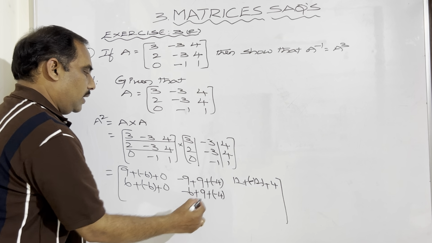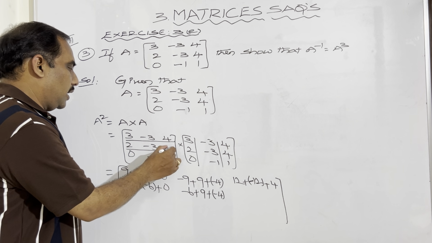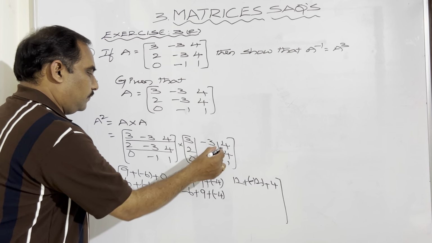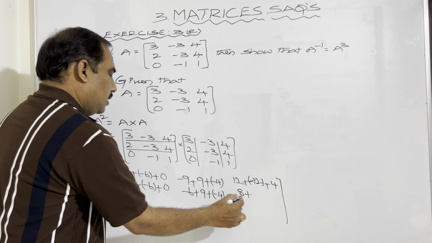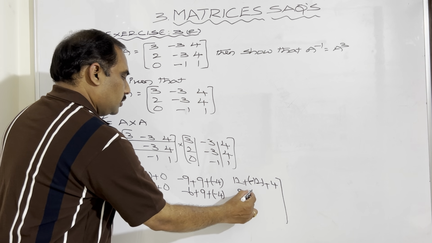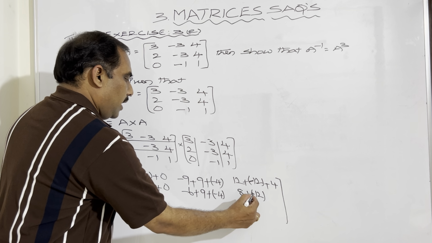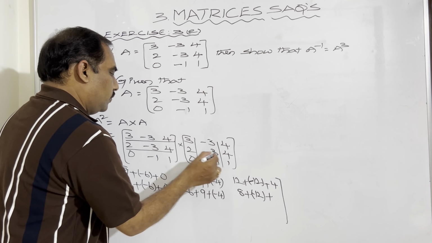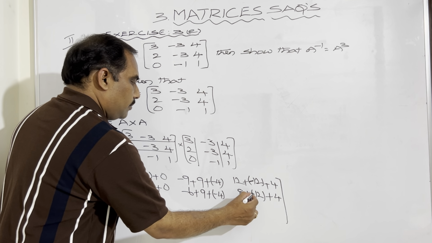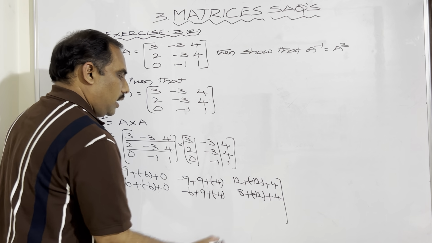Second row, third column: 2 into 4, that is 8, plus minus 3 into 4, that is minus 12, plus 4 into 1, that is 4.